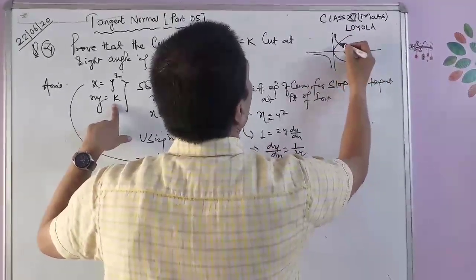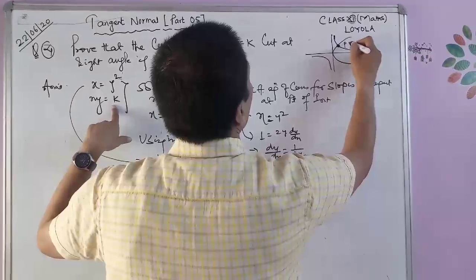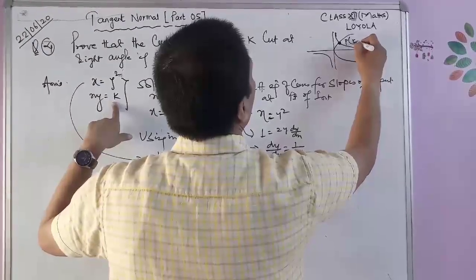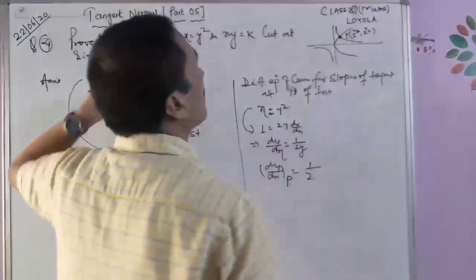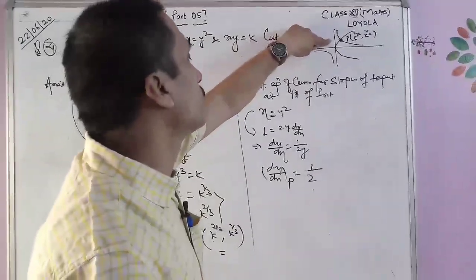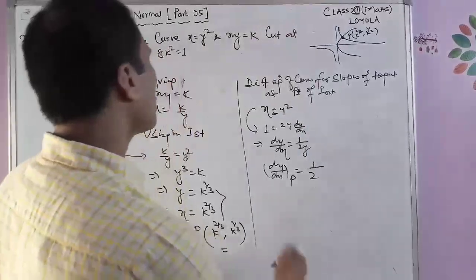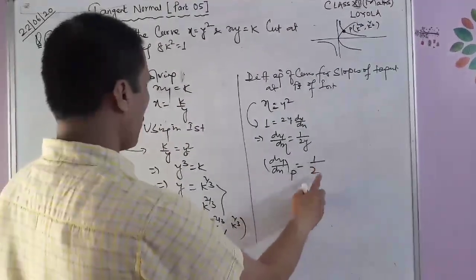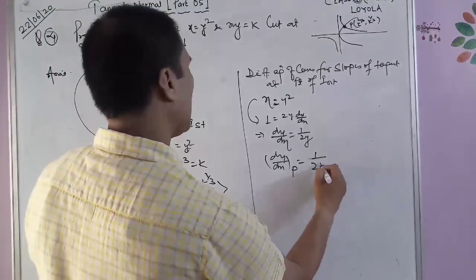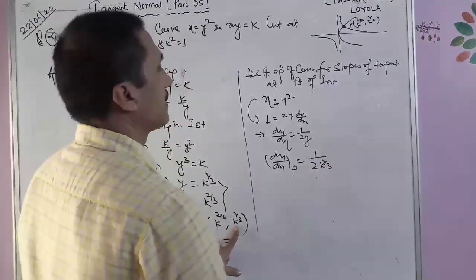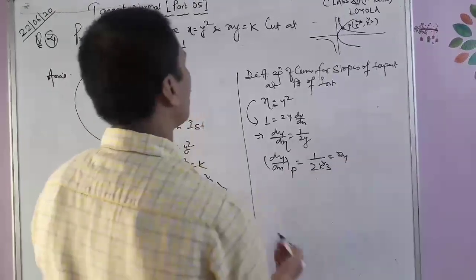So point of intersection P is k to the power 2 by 3 and k to the power 1 by 3. Here point P lies on two curves. So dy by dx at P is 1 upon 2y, that is value of y, k to the power 1 by 3. This is M1.